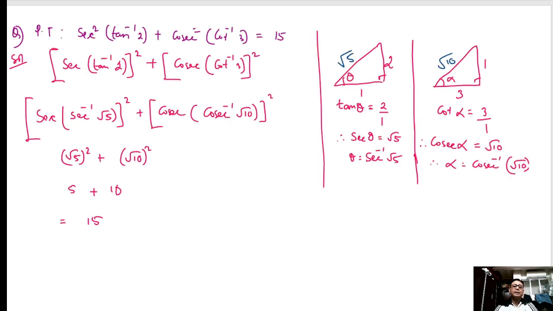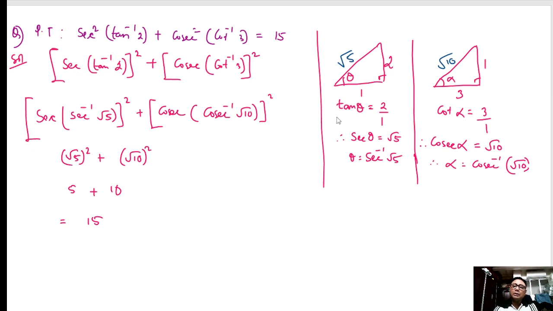Let's see, friends, the next sum. Sec square tan inverse 2 plus cosec square cot inverse 3, we have to prove as 15. So let us take tan inverse 2 as theta.